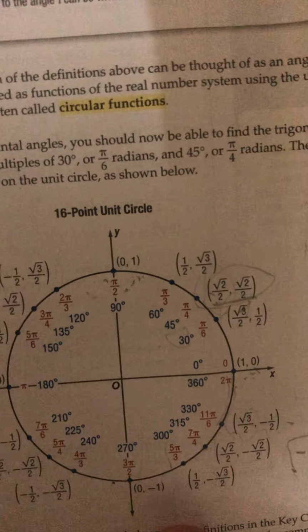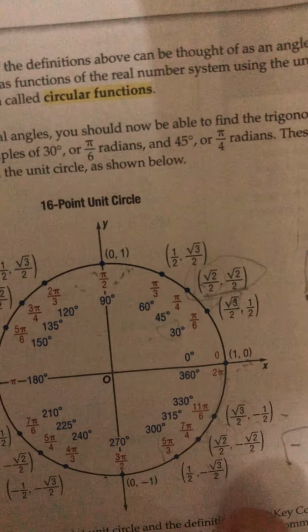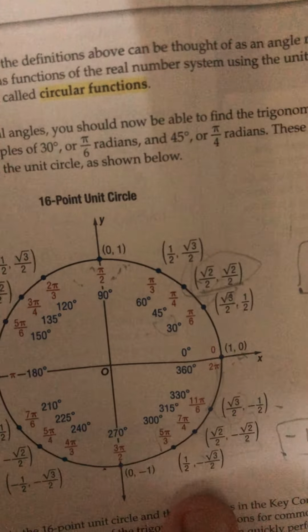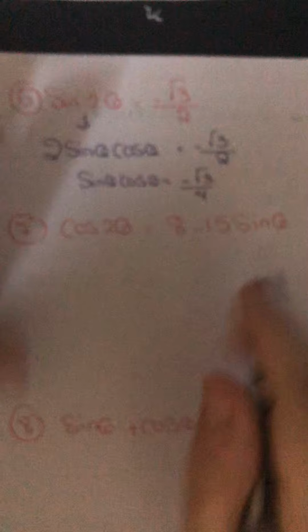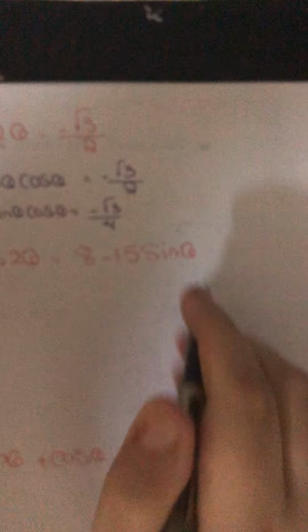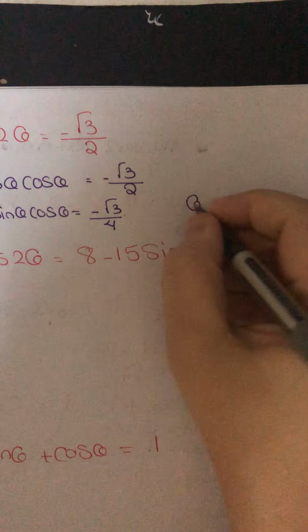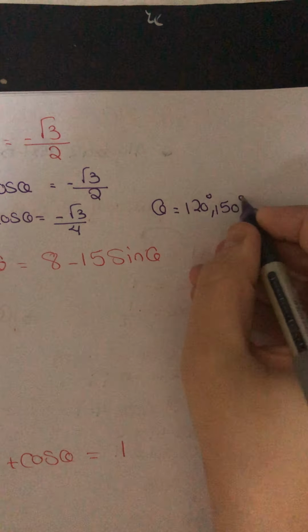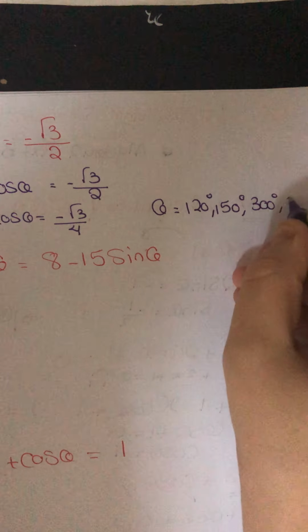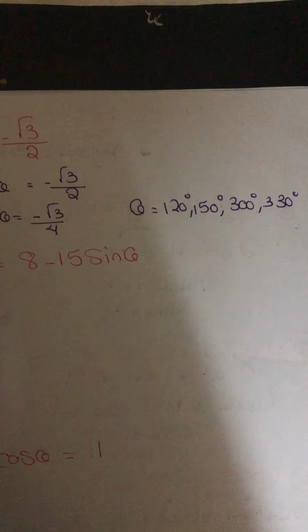And here 300 won't work because both are negative, and here both are positive. I want one positive, one negative. So over here 300 will work, and 330 will also work to give me a negative root of 3 over 4. So I would just write the answers over here because I do not have any more steps for this question. Theta is equal to 120 degrees or 150 degrees or 300 degrees or 330 degrees, and I will stop at this point here.